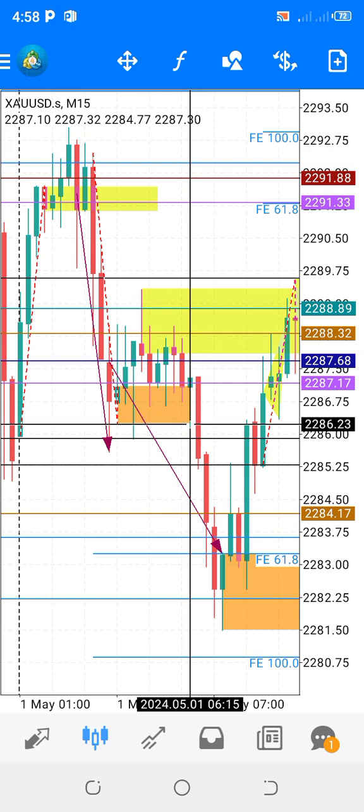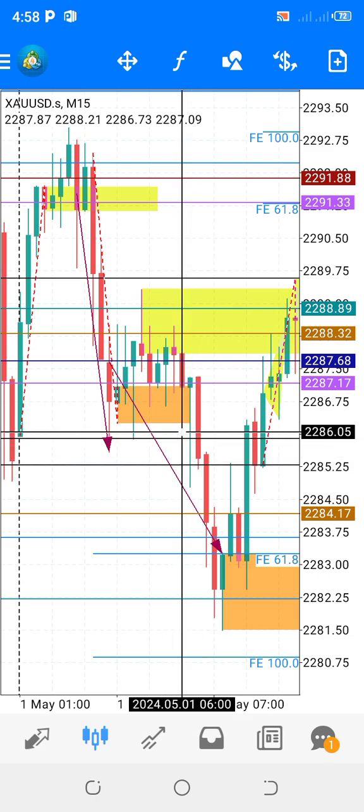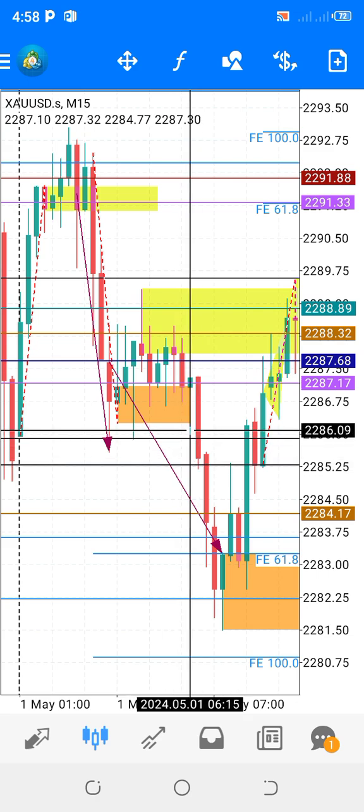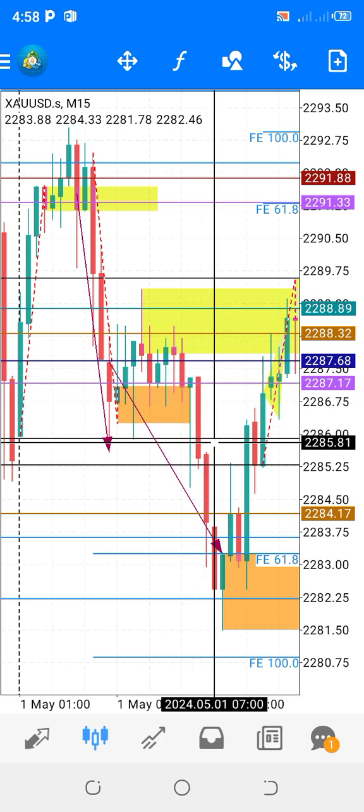So this resulted in a loss, which was a 10 pips loss for identifying the possible start of correction. So first move to correct failed, and 10 pips was lost.